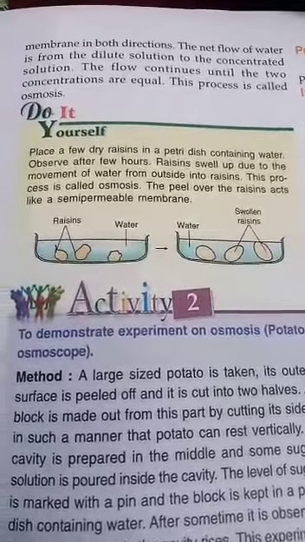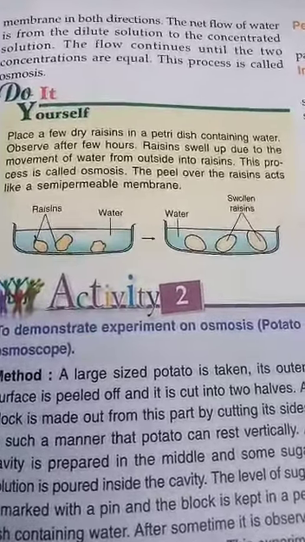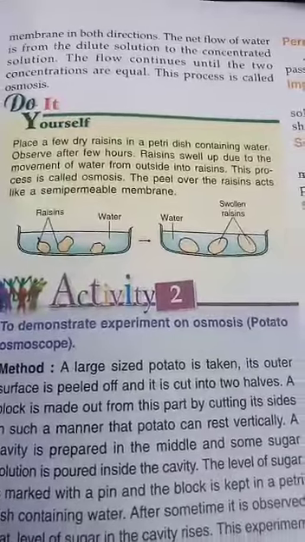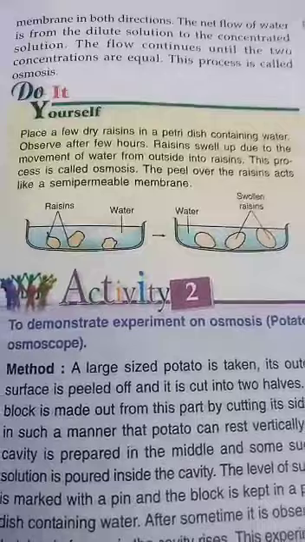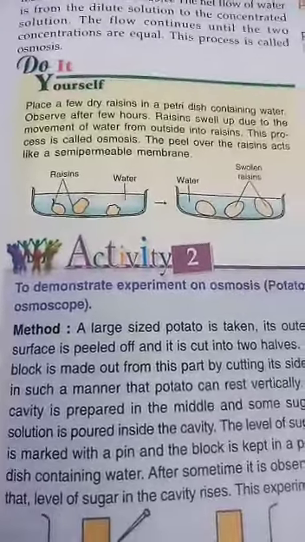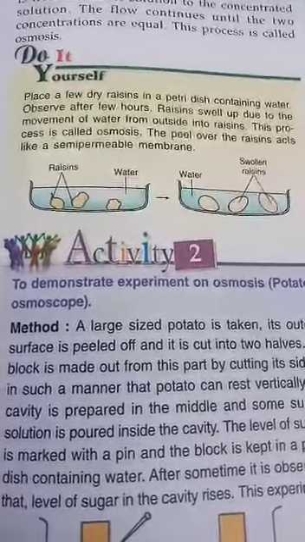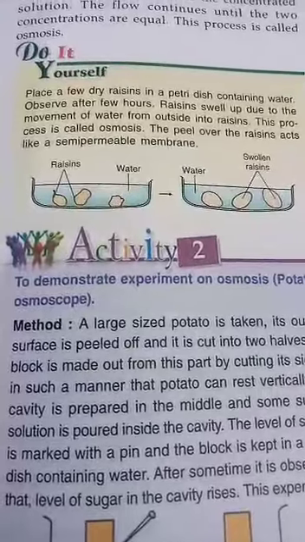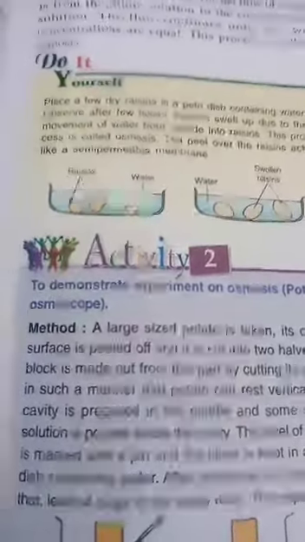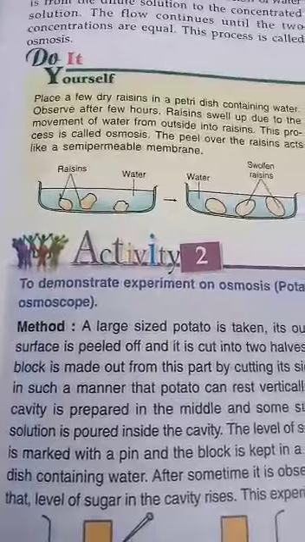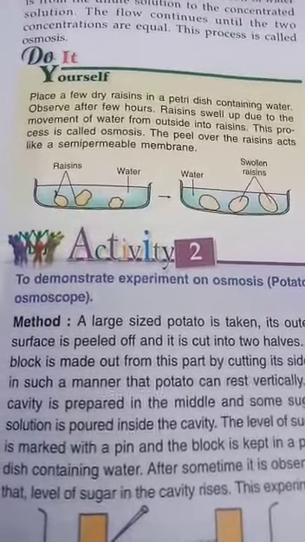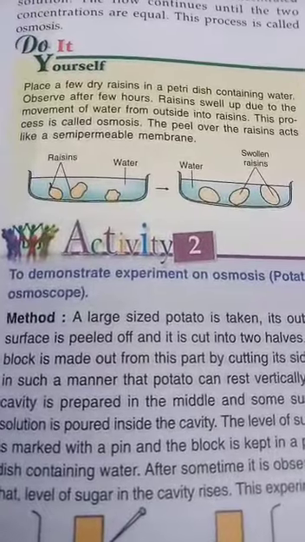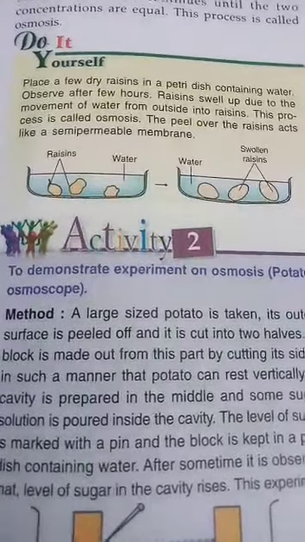This is a very simple example you must have seen in your home when your mother adds a few raisins in the water. After some time they swell up. Raisins, kishmish. Even you have seen when your mother prepares rajma or chola, she puts it in the water, and after a few hours the water gets inside those seeds and they become bigger, larger in size.